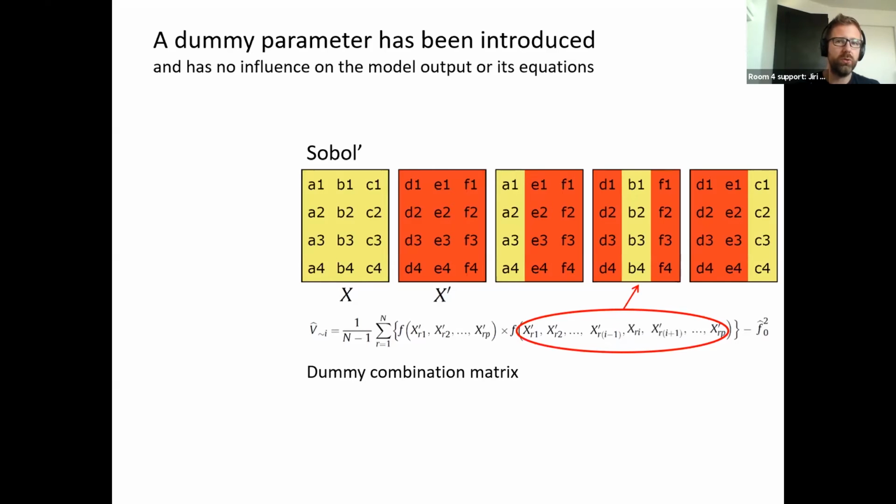And if we want to go to this dummy combination matrix based on this, we can actually see that a parameter D in this case, D from dummy, is not influential. It's not contained within the sample matrix. So your resample matrix, a combination of the initial matrix and the second matrix, would actually be just X prime.